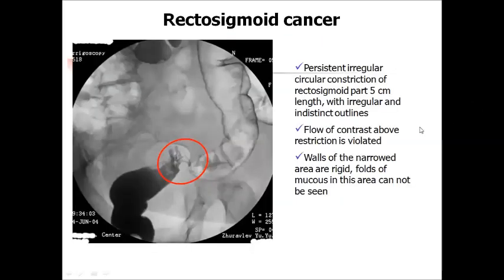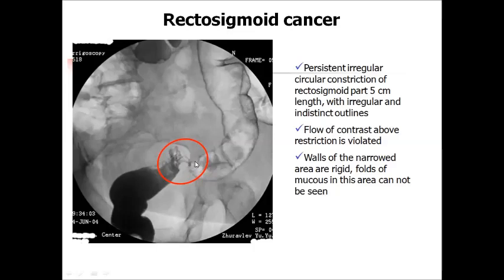The same in rectosigmoid cancer, persistent irregular circular constriction of rectosigmoid part of 4 or 5 centimeters length with irregular and indistinct outlines.